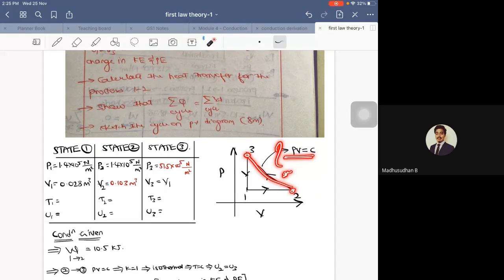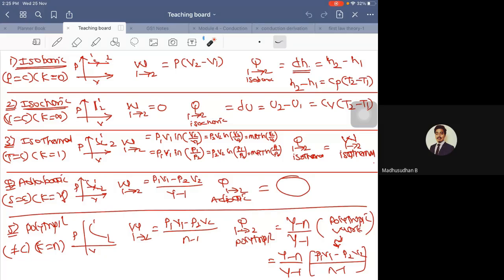Yes, guys, how do I calculate the heat flow for this? For an isothermal process, how do I calculate the heat flow?